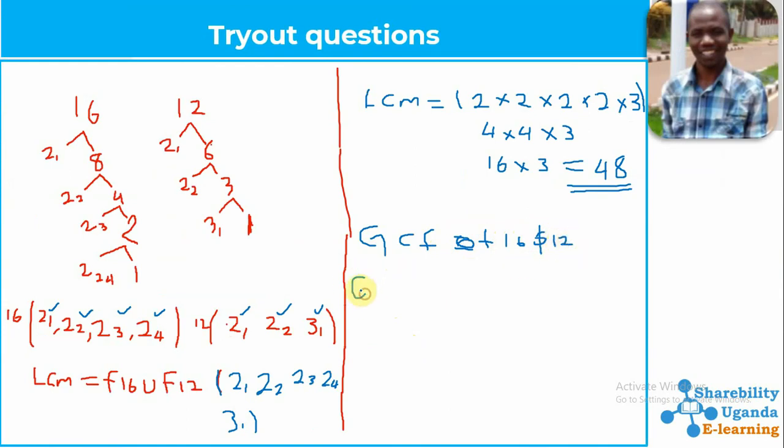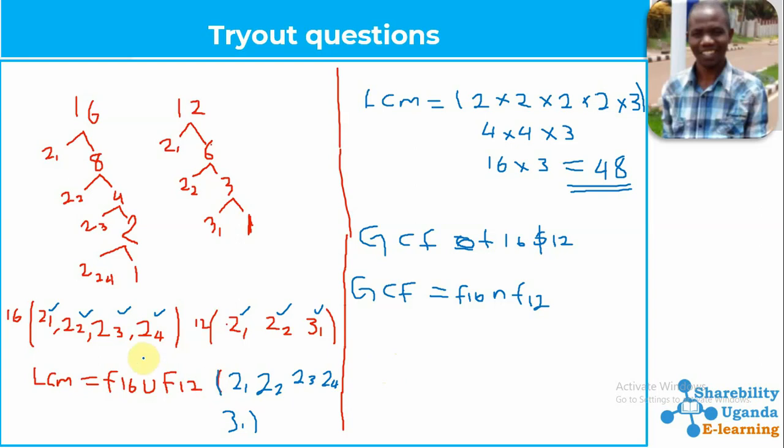For us to be able to get our greatest common factor, we use this formula which says f of 16, the prime factors of 16, intersection the prime factors of 12. So now let's look at these prime factors of 12.